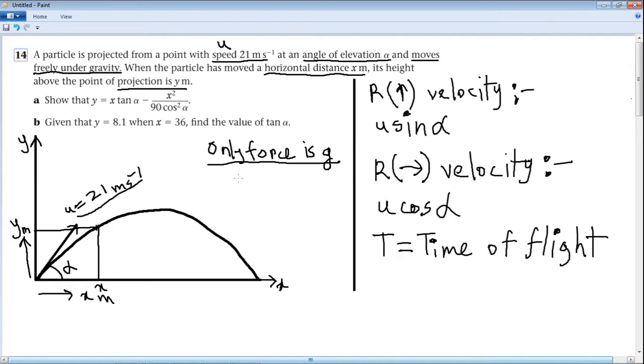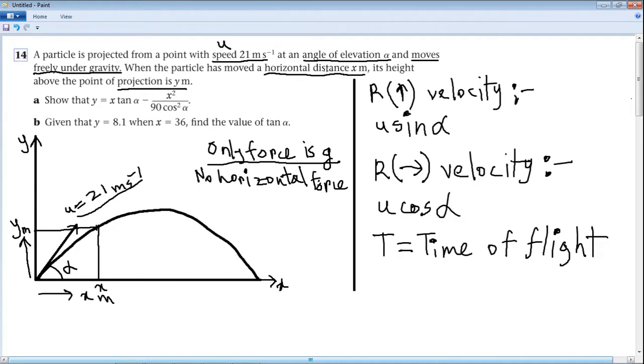No horizontal force, only vertical force.